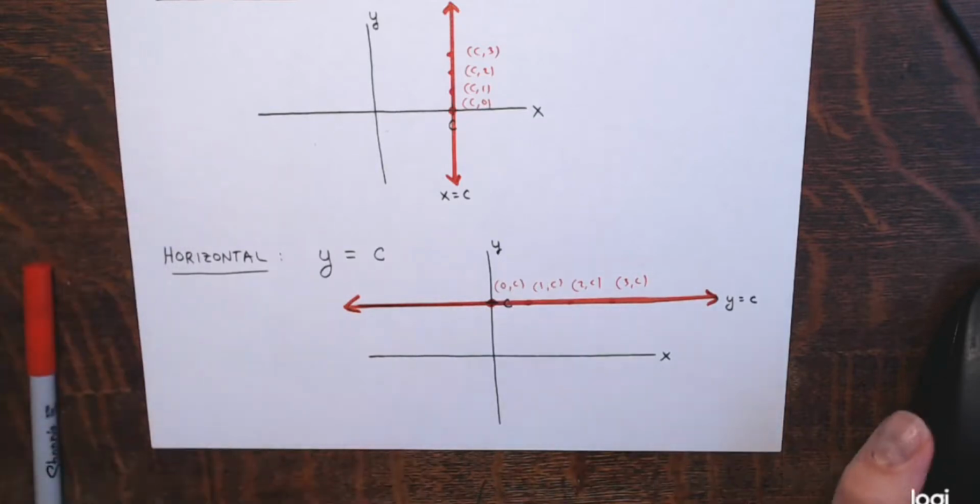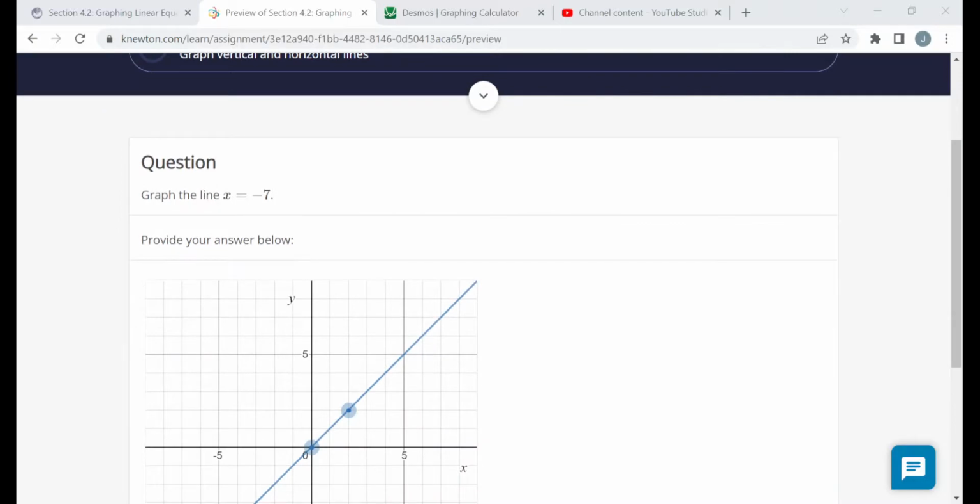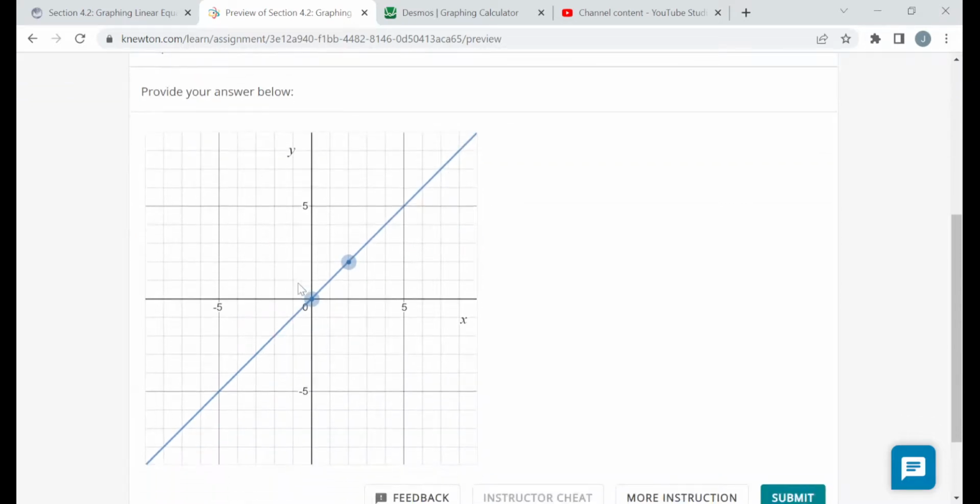So what they're giving us here is, graph the line x equals -7. This is a vertical line. Every point I pick has to have an x coordinate of -7. So, here's -7, 0, and this is at 2, 2.